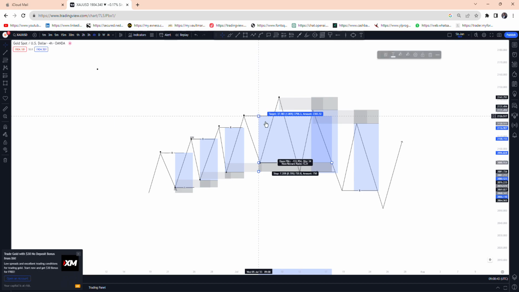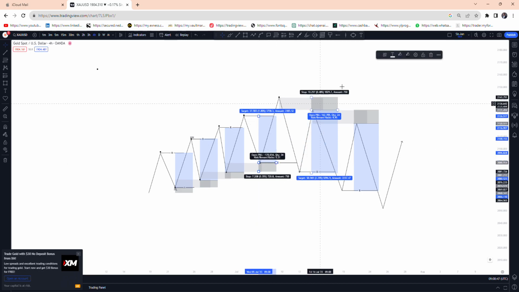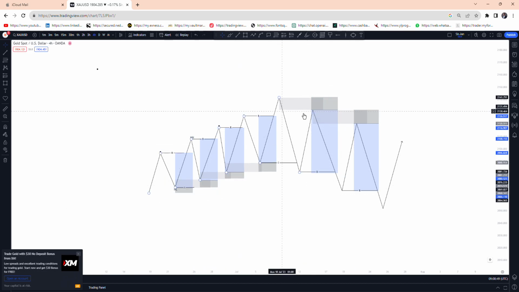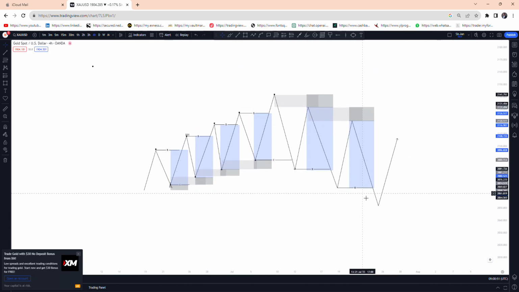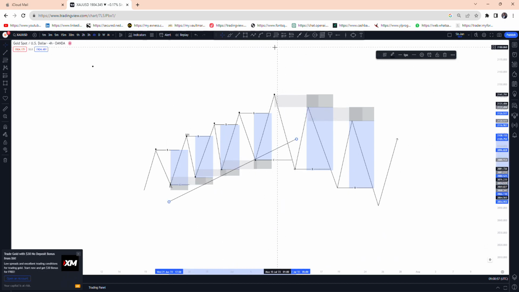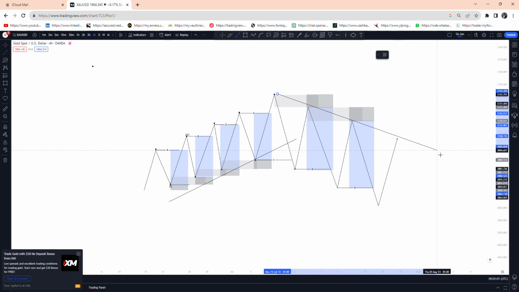So this is the target, like that. You can keep on doing this. This is a bullish and this is a bearish. You keep on doing this every day.